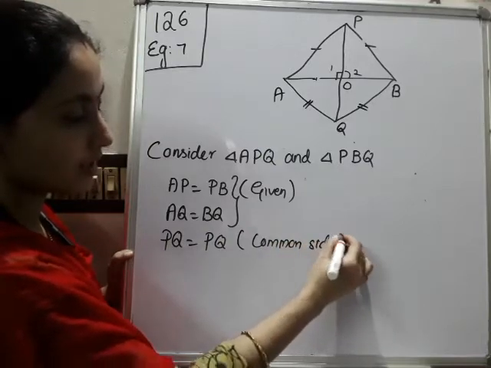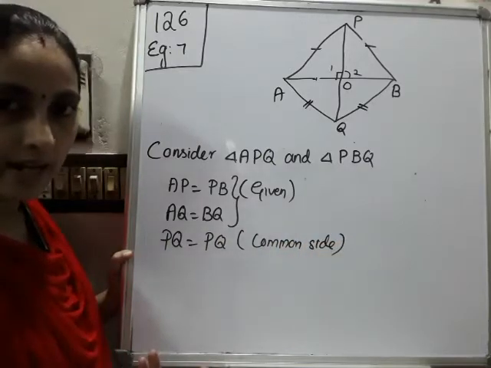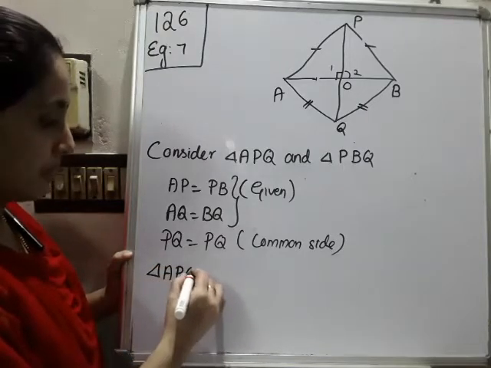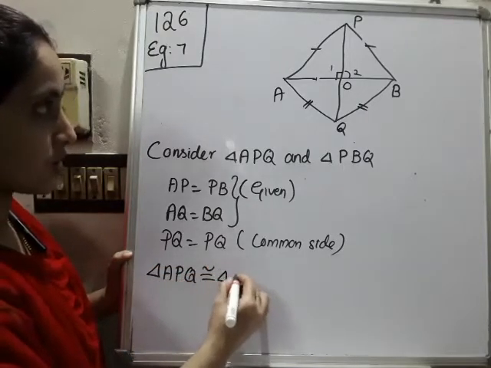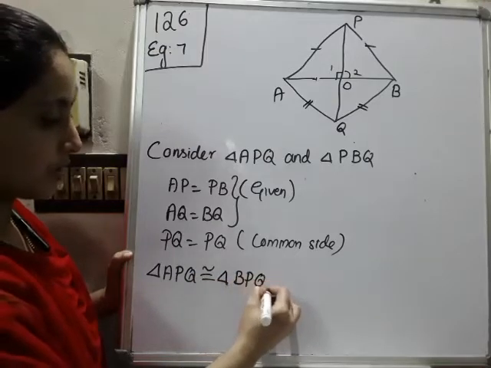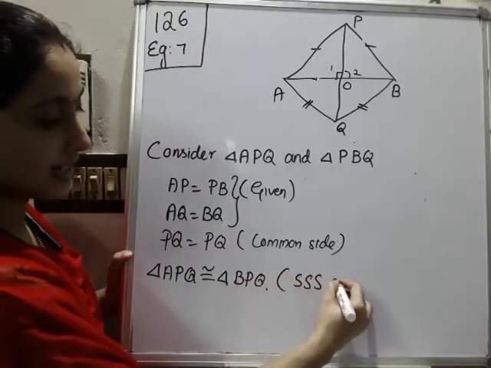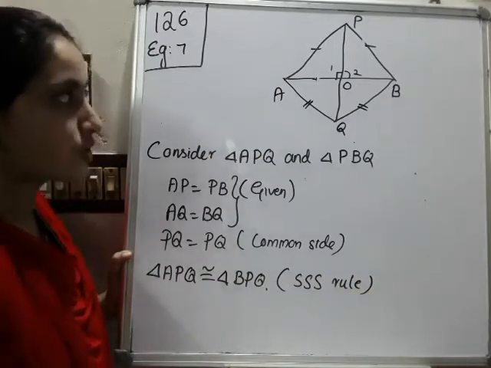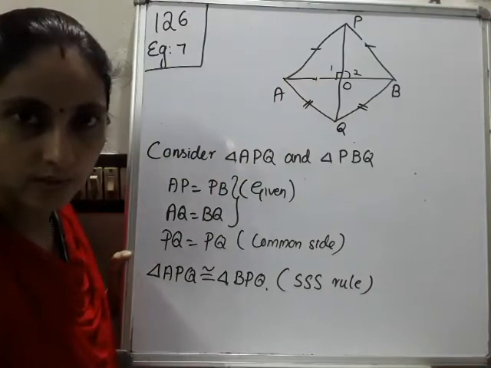So what congruence rule are we applying? Yes, triangle APQ is congruent to triangle BPQ by SSS rule. So these two triangles are congruent.